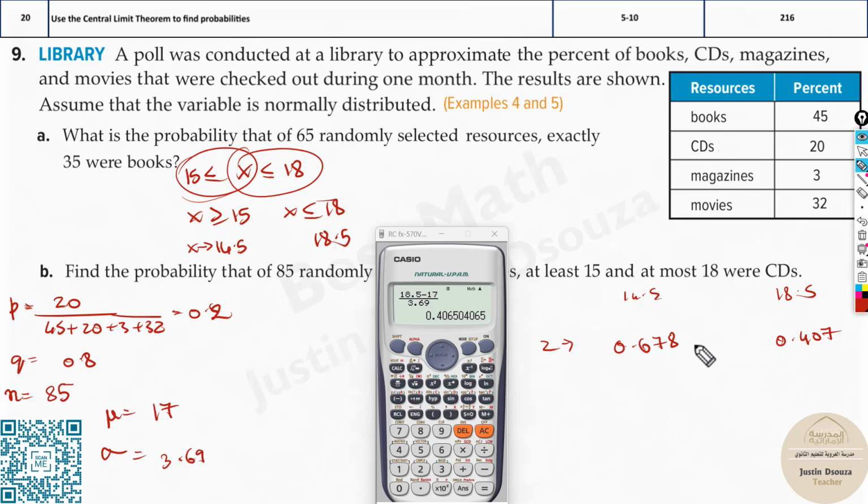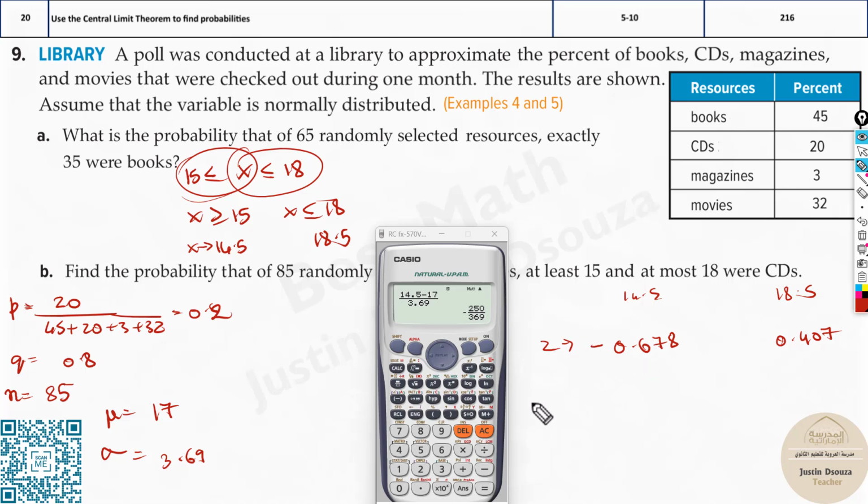So these are the two answers. The first one should be negative since it's below the mean. Yes, it's minus, I forgot to write the minus sign. If it's less than the mean, the z value will be negative, which means the probability is less than 50%. For the second, it'll be more than 50%.